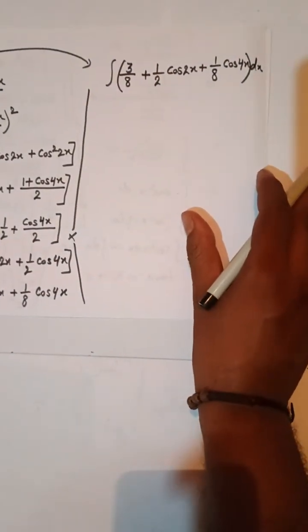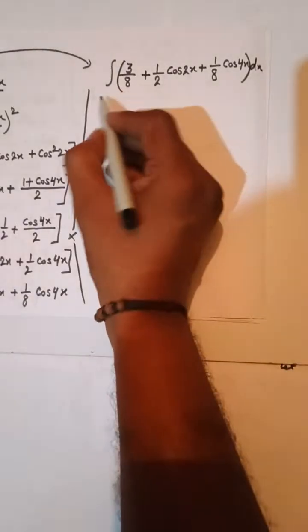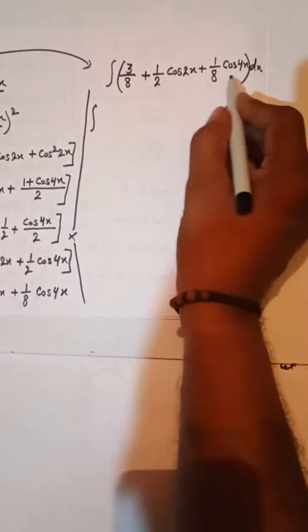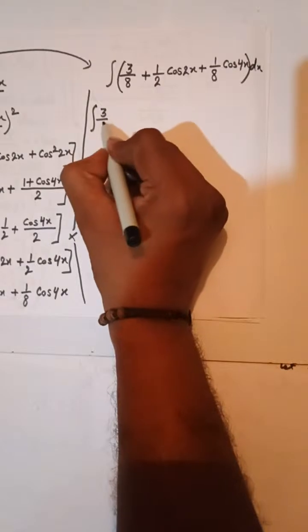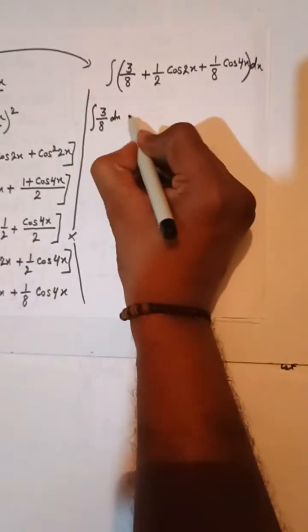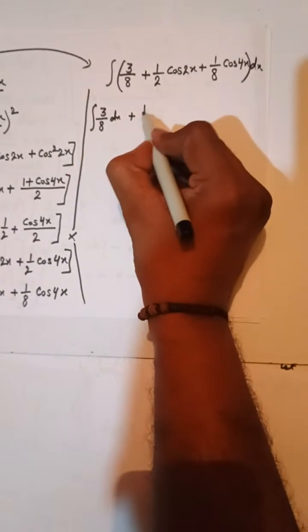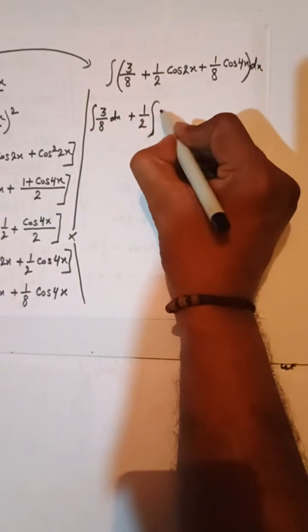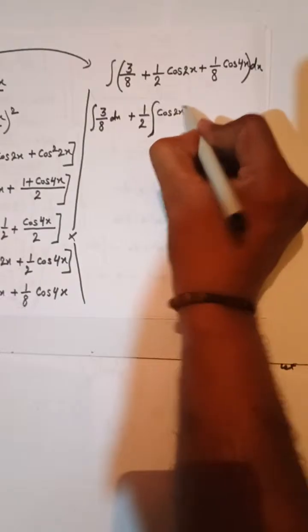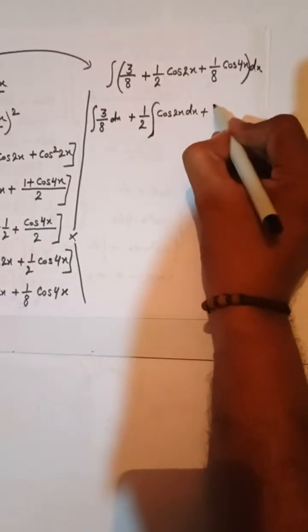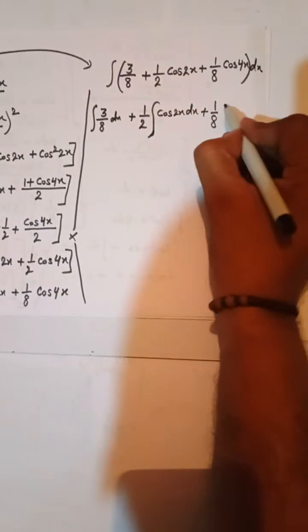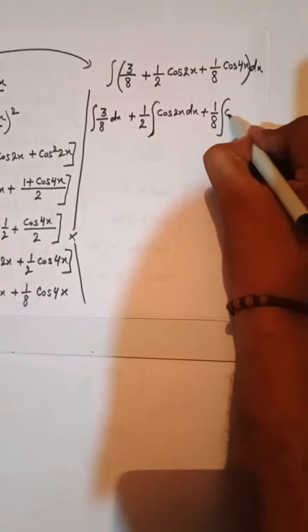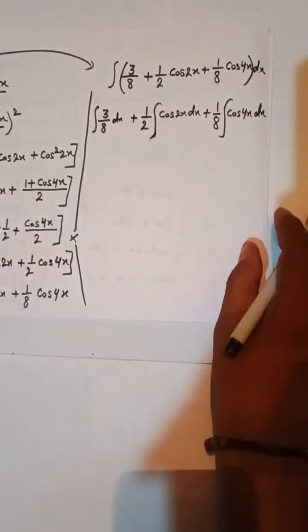Then we can easily split it all: 3 by 8 dx plus 1 by 2 integration cos 2x dx plus 1 by 8 integration cos 4x dx.